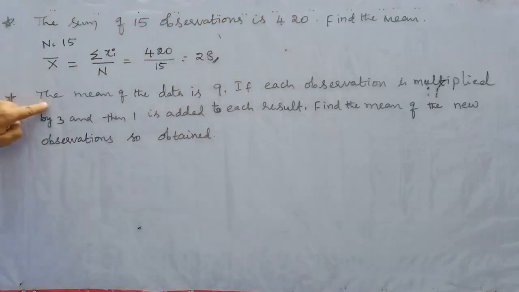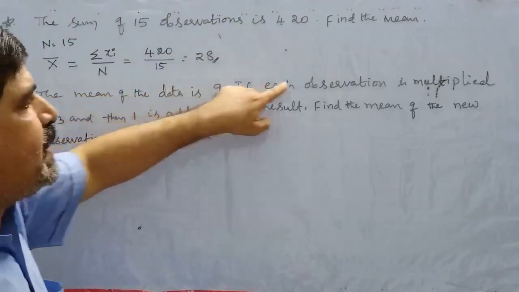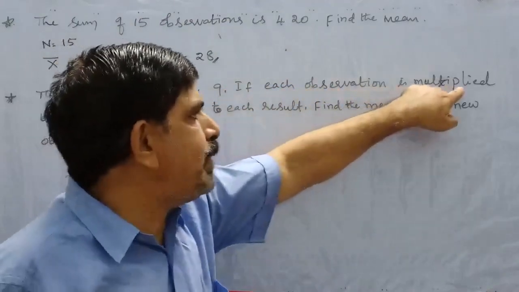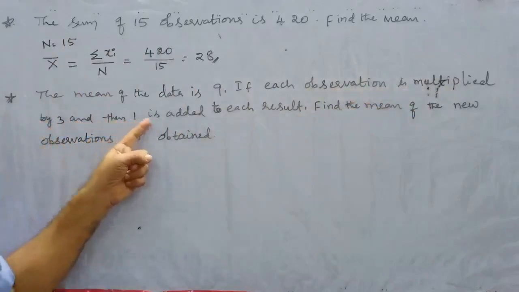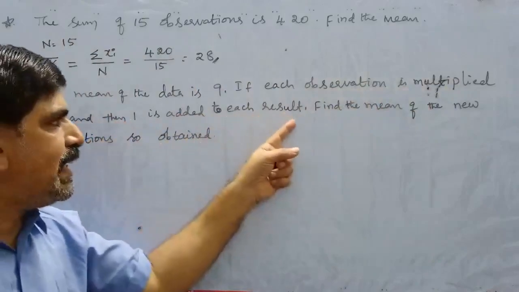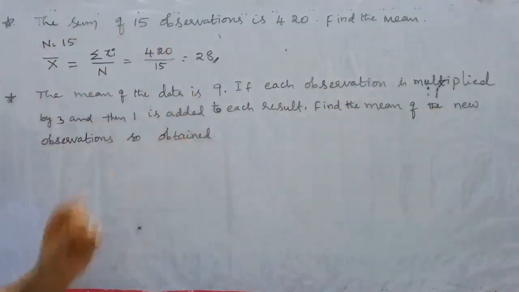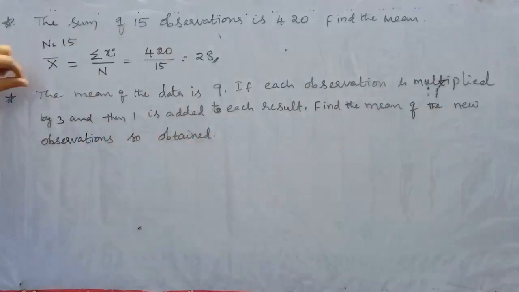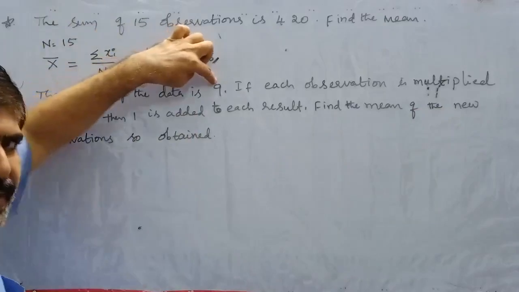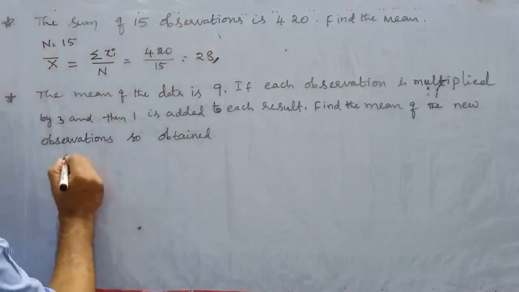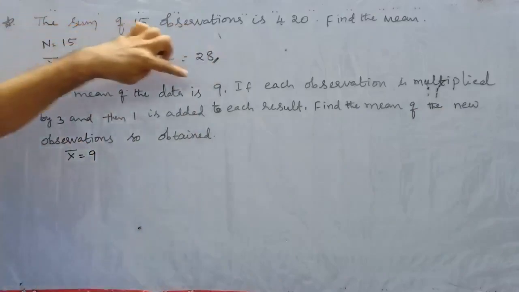The mean of the data is 9. If each observation is multiplied by 3 and then 1 is added to each result, find the mean of the new observations so formed. Read the question again. The mean of the data is 9. So x bar is equal to 9.